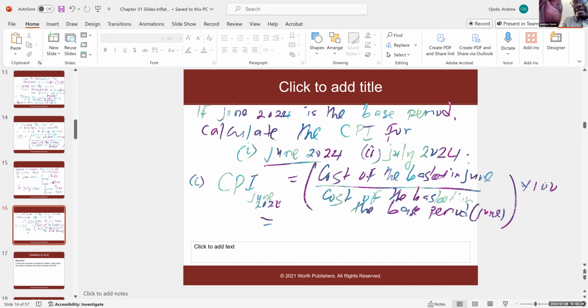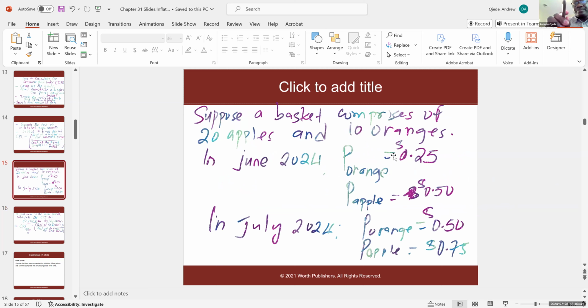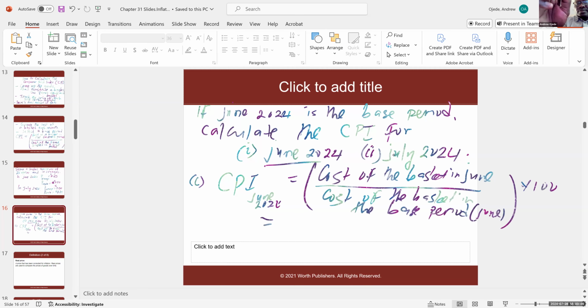So in this case, it's going to be the cost of the basket in June. You take the price of an orange in June, which is 25 cents, times the quantity of oranges, where Q stands for the quantity that the consumer is buying, plus the price of an apple in June times the quantity.